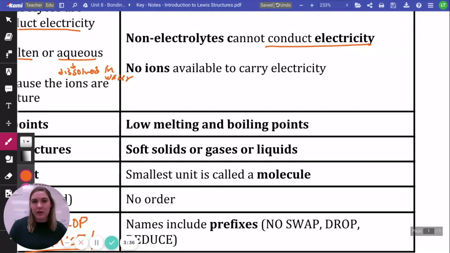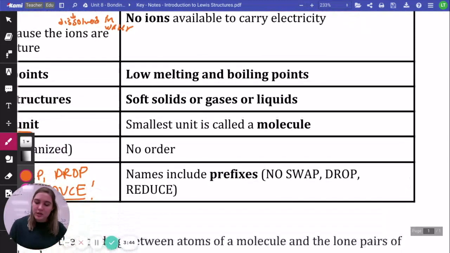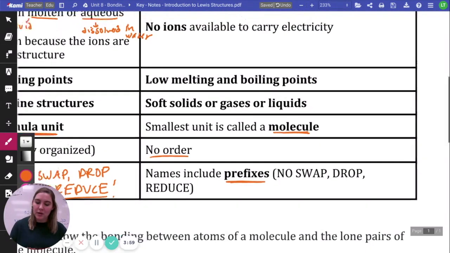Remember, they are found in all three states, where ionic compounds are most of the time solids. Their smallest unit is called a molecule, and there's no order to their structure. Ionic compounds are very ordered, covalent compounds aren't. Their names do include prefixes, so there is no swap, drop, reduce for covalent compounds.